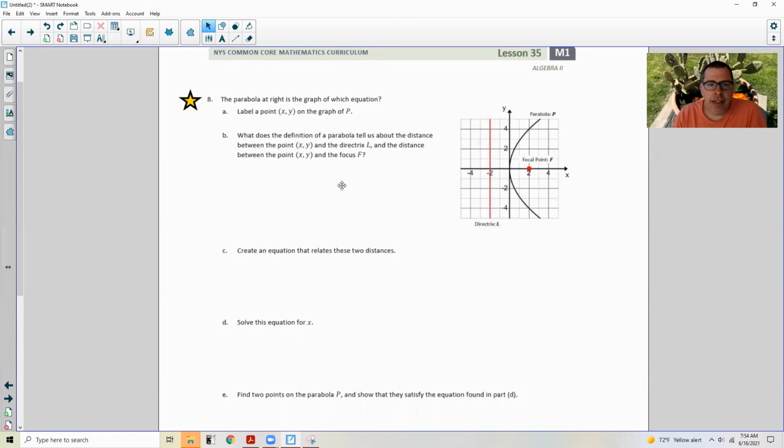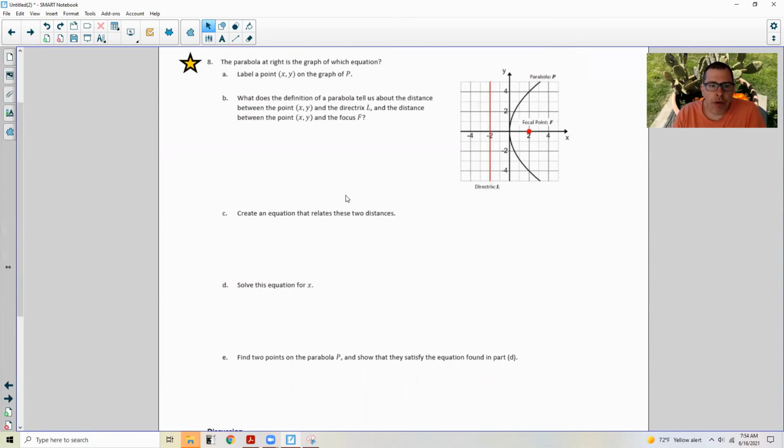The reason is whenever we work problems, there are steps to answer these problems, and the steps work for any scenario. So long as we're given a focus and a directrix, we can find the equation of a parabola. So it says A, label a point XY on the graph of P. It doesn't matter where.